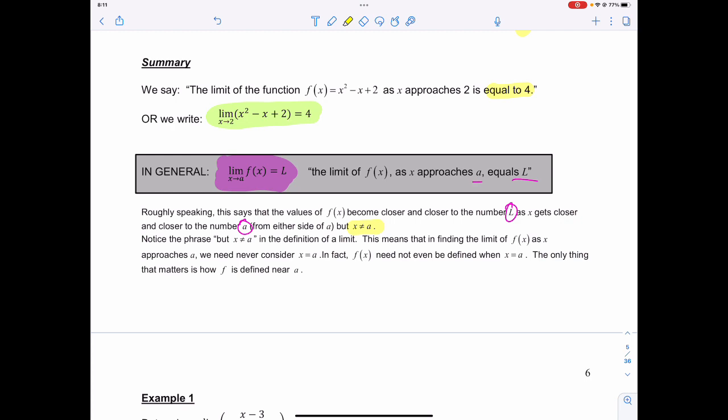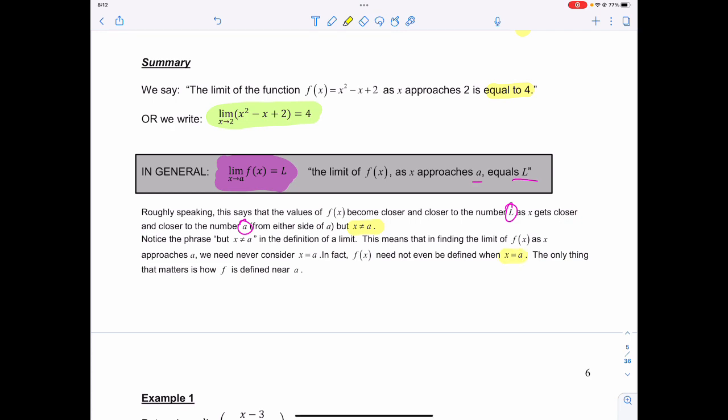Notice the phrase x can't equal a in the definition of a limit. This means that in finding the limit as x approaches a, we never consider x to actually be equal to a. In fact, f of x need not even be defined when x is equal to a.